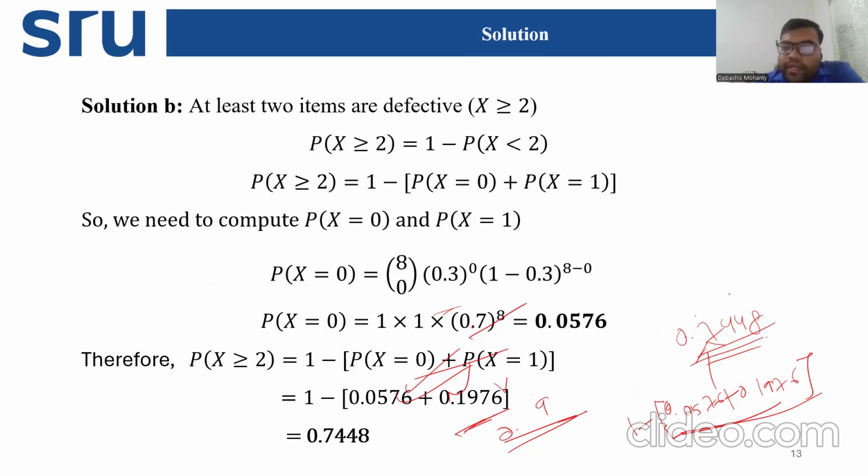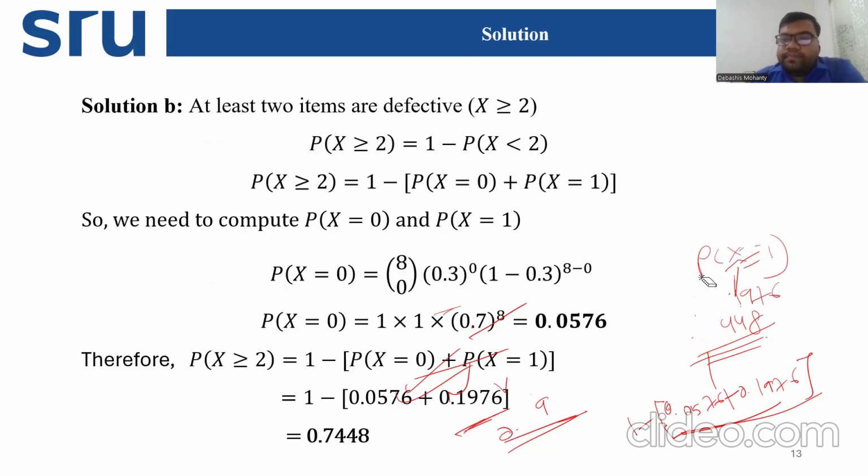Just calculate this value: 0.0576 plus 0.1976. This 0.0576 is the probability of x equals 0, and 0.1976 is the probability of x equals 1, right?